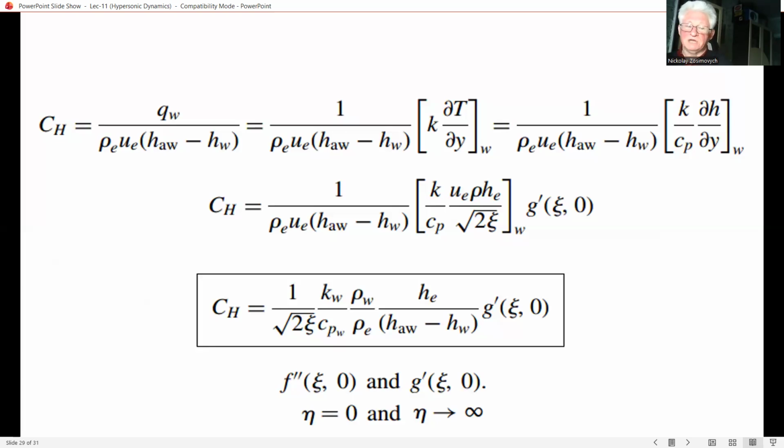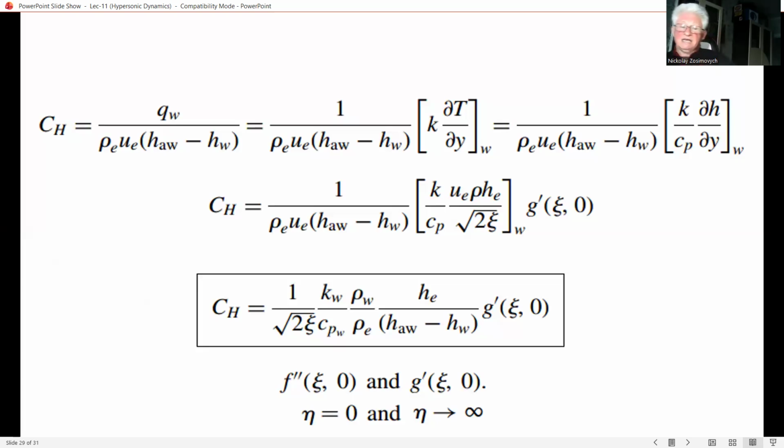So the actual solution of our equations for a general non-similar boundary layer requires the solution of coupled nonlinear partial differential equations as a two-point boundary value problem.